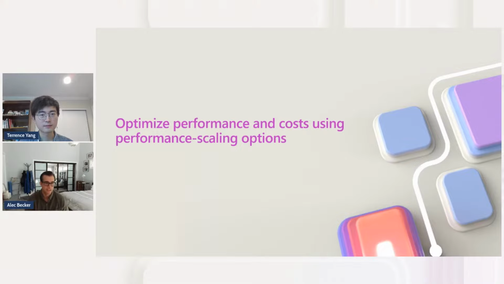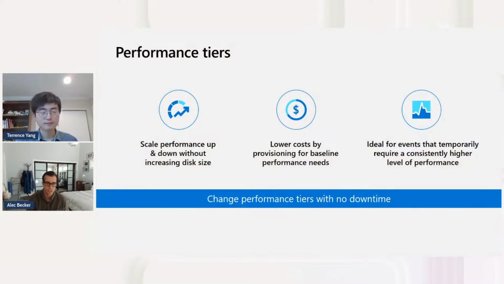Let's get into our next section about optimizing performance and cost and our different performance scaling options. The first performance product I'd like to talk to you about is our performance tiers. Performance tiers are available on our premium SSD disks, and they allow you to scale your performance up and down without changing the disk size.